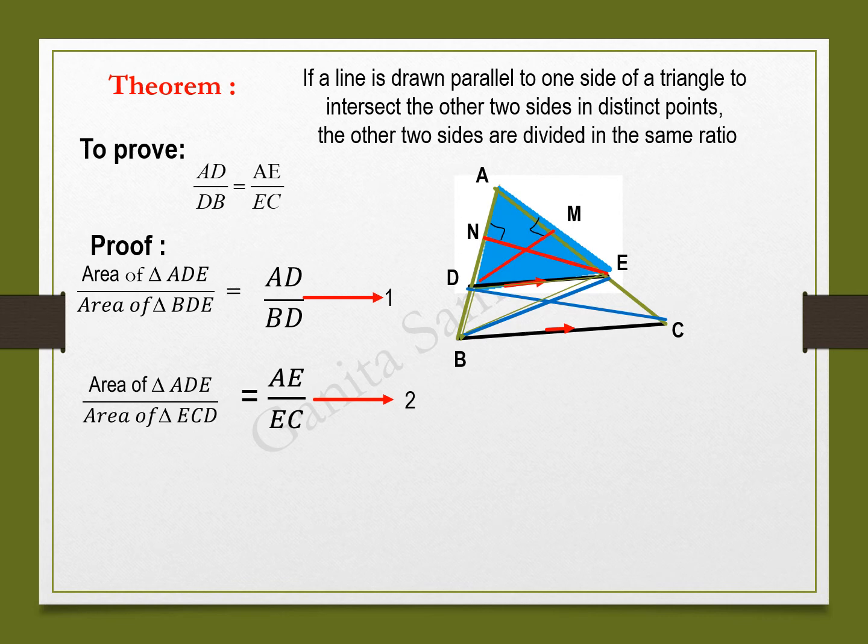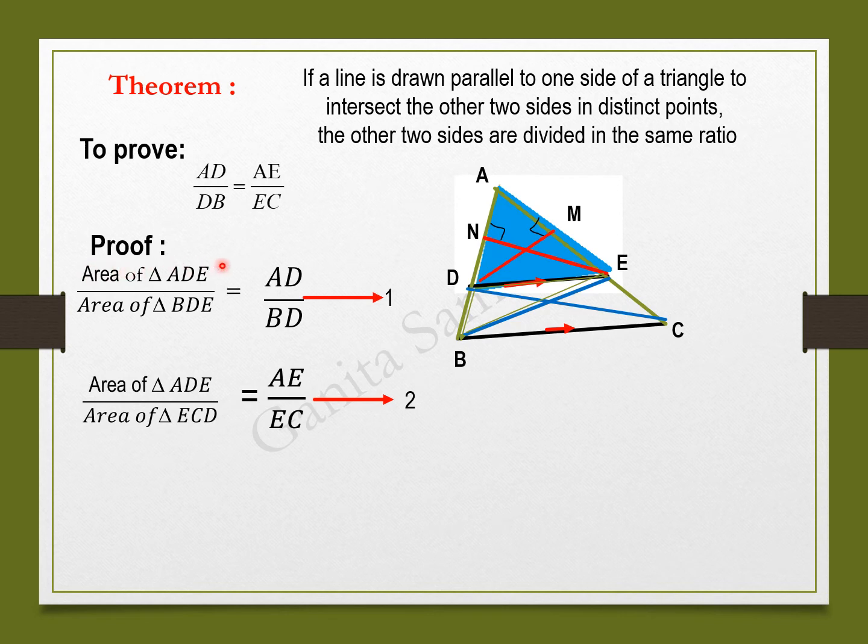So we have got two statements here, children. Area of triangle ADE over area of triangle BDE equal to AD by BD, and we have got area of triangle ADE by area of triangle ECD equal to AE by EC. What do we need to prove? These two right hand sides are equal. When will the right hand side become equal? When the left hand sides are equal. Okay, so let us look into the left hand side.